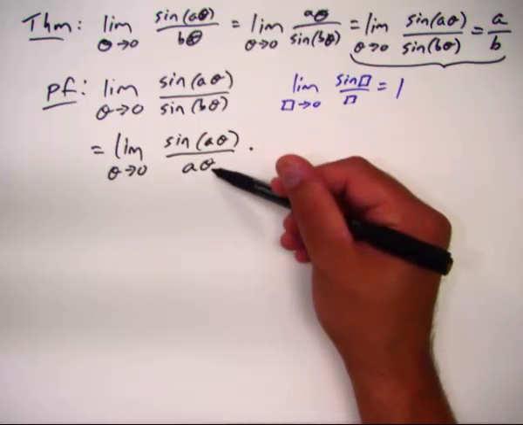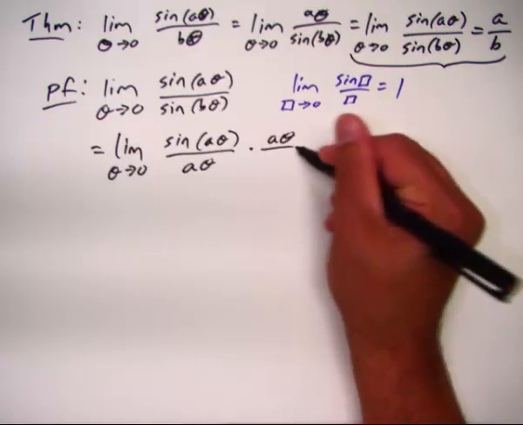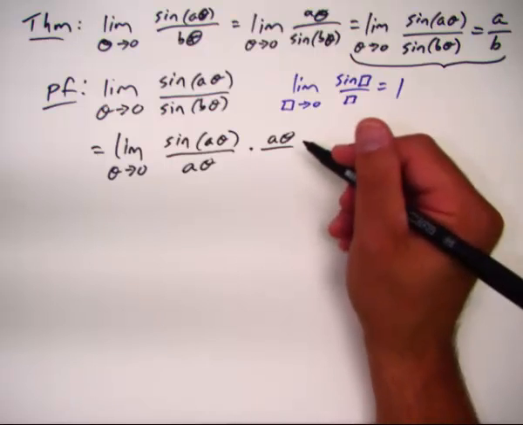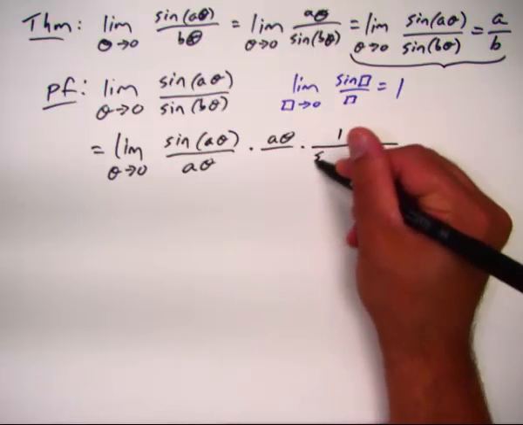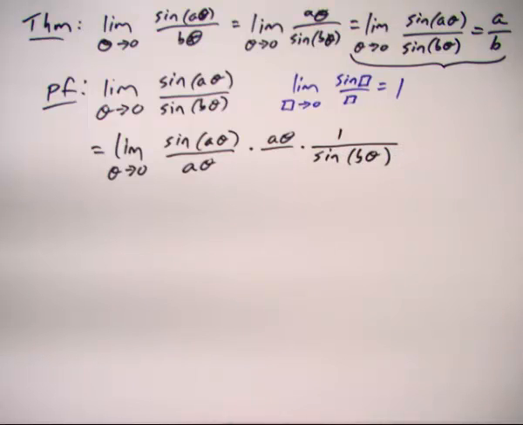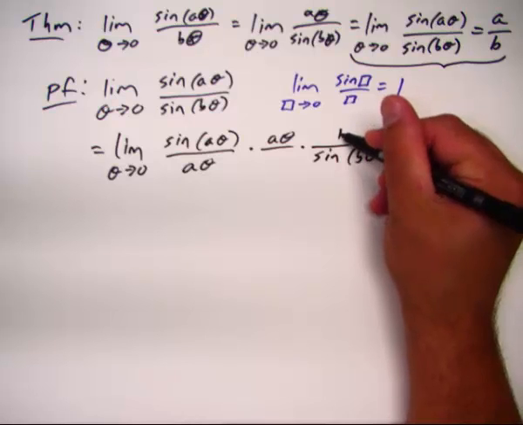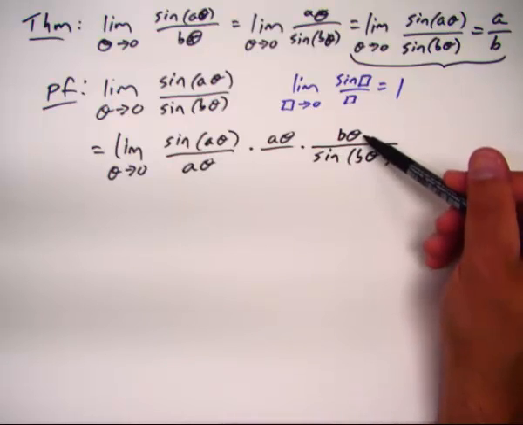But I can't just divide by a theta, I also have to multiply by a theta. At which point I realize, well, I'm still missing something. My sine of b theta kind of went away, which isn't terribly good, but if it had a b theta on the top, well, that would be extremely convenient.